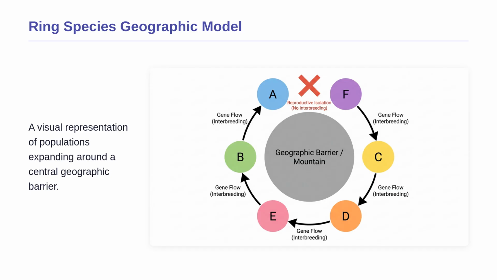However, look at the top, where population A meets population F. Instead of an arrow, there is a red X indicating reproductive isolation. Even though genes can flow all the way around the ring through the intermediate populations, the two endpoints have diverged so much that they cannot mate. This diagram perfectly captures the paradox we have been studying.